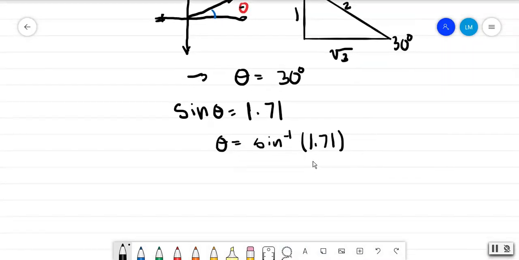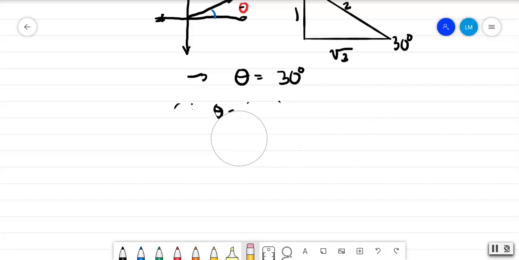Let's say that we try another different one though. Let's say that we have sine of theta equals 0.7071. Okay, so that one's a little bit more manageable.